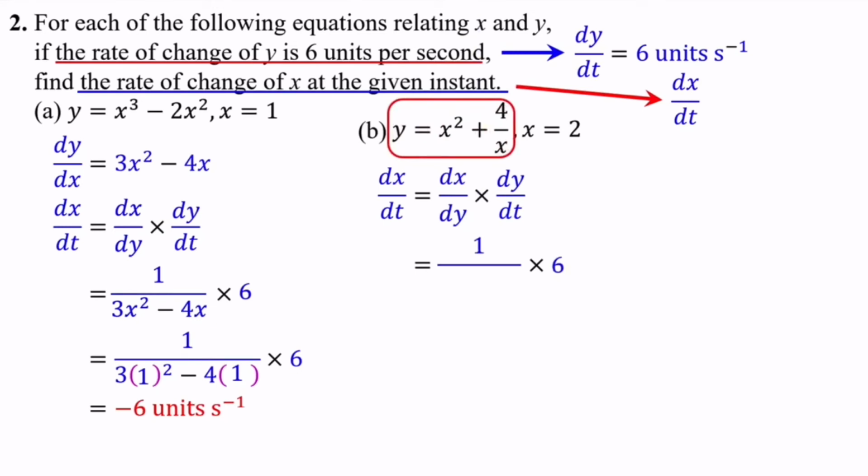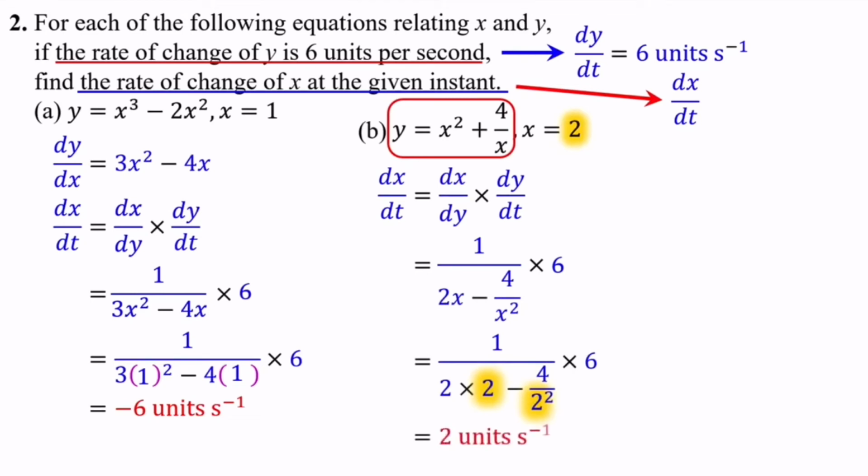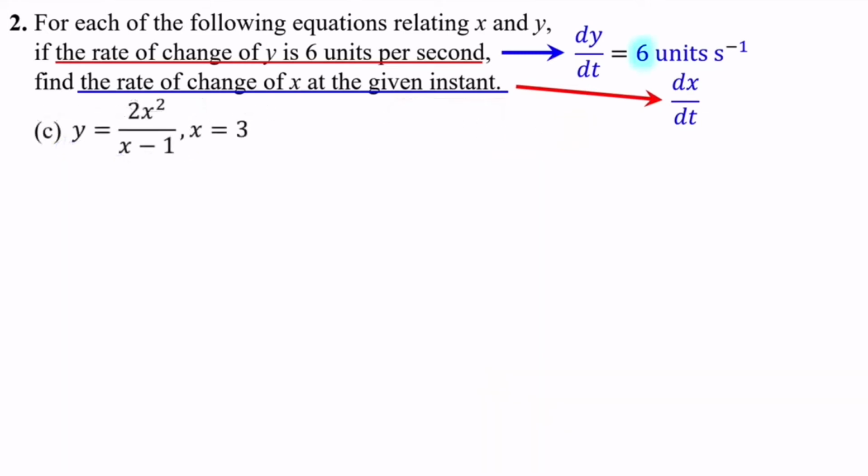It's actually 2x minus 4, right? So we're going to substitute the 2 into the dx/dy, so we will get the answer. Alright, after simplifying, the answer will be given as shown.